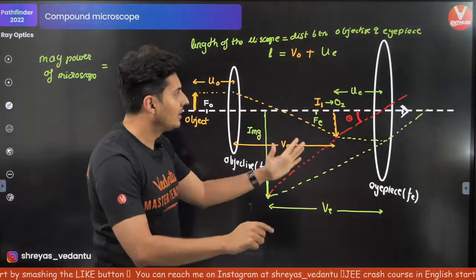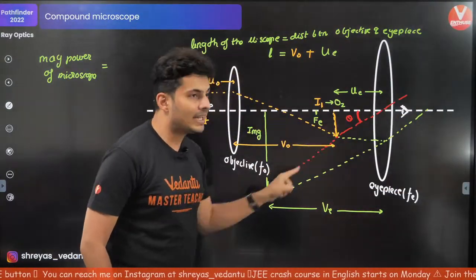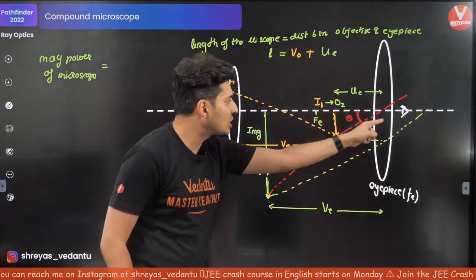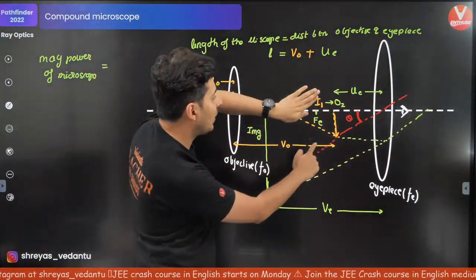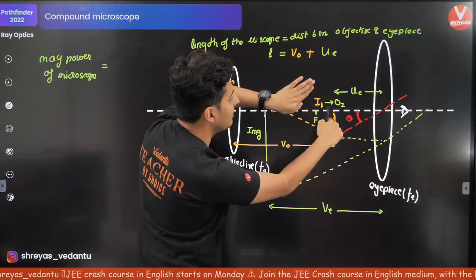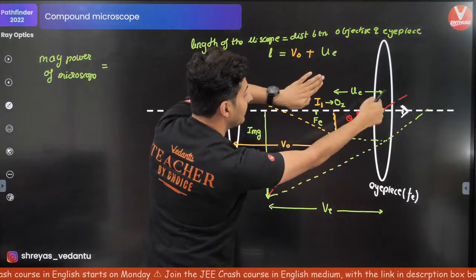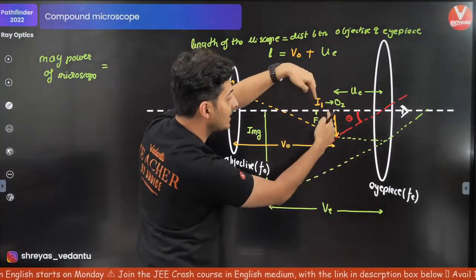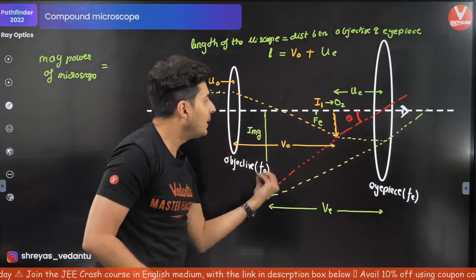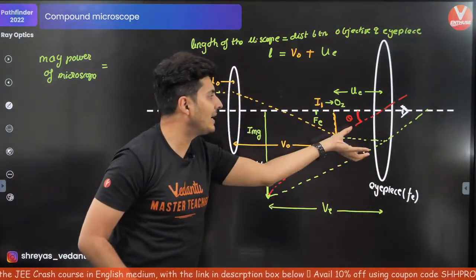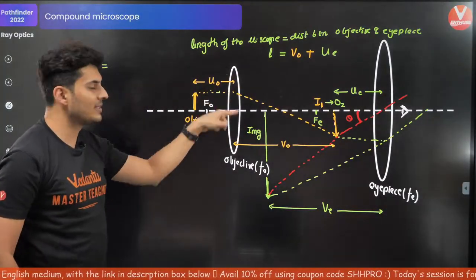So think carefully that this eyepiece is actually acting like a simple microscope. How many of you realized it? Because this intermediate image, which is the object, is placed between the focal point and the lens. So it is actually acting like a simple microscope.